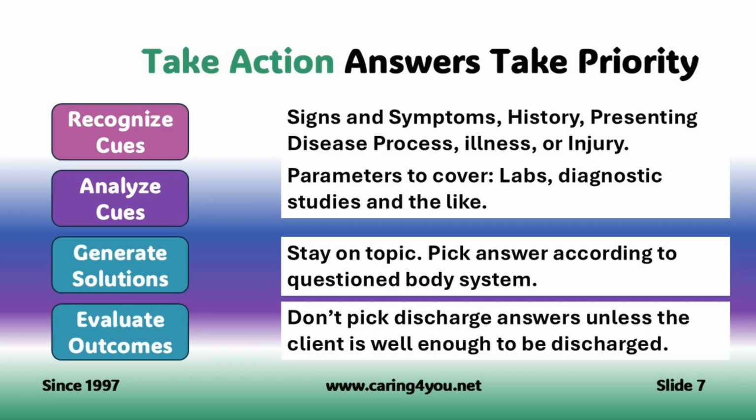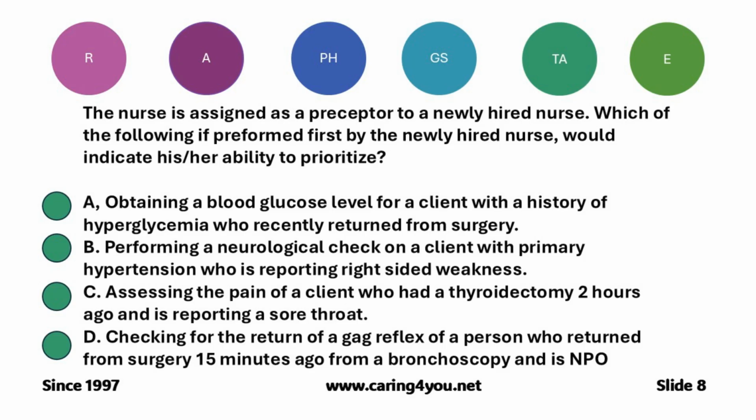Now let's look at some examples. All right, here is question number 1. For the purpose of illustration, ladies and gentlemen, I have recognizing cues, analyzing cues, all in different colors, okay?